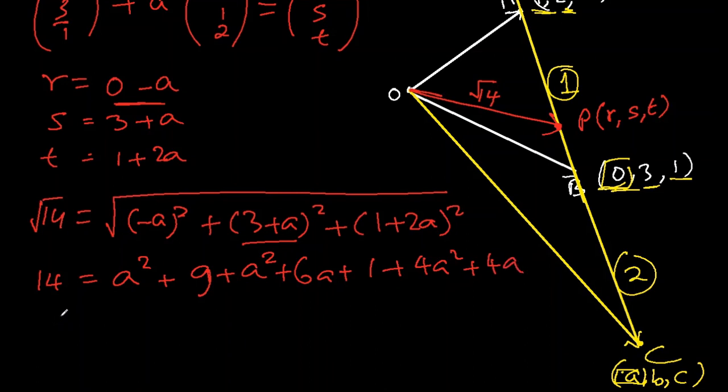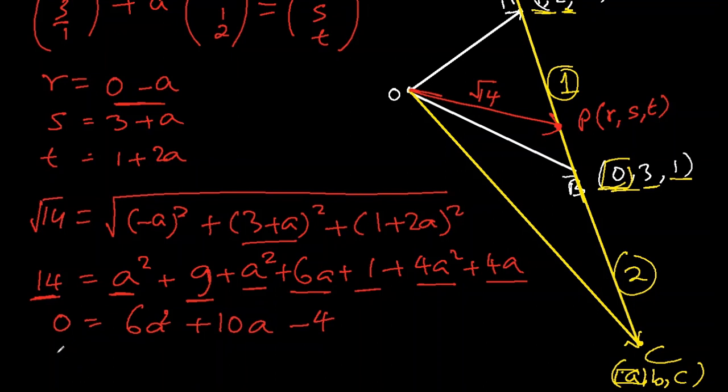So let's collect everything to the right side. 0 equals a squared plus a squared plus 4a squared, which is 6a squared. Then 6a plus 4a is 10a. Then we have 9 plus 1, which is 10, and minus 14 when it comes to the right side, which is minus 4.